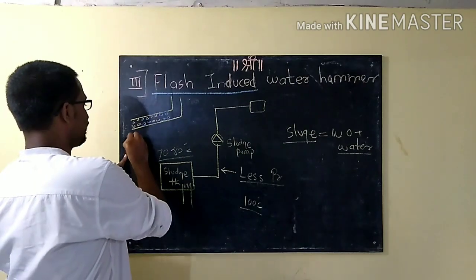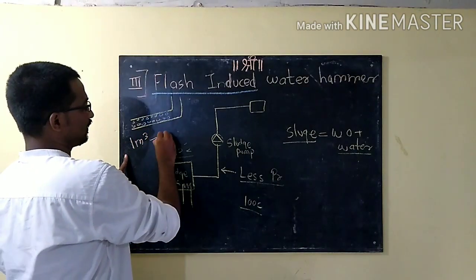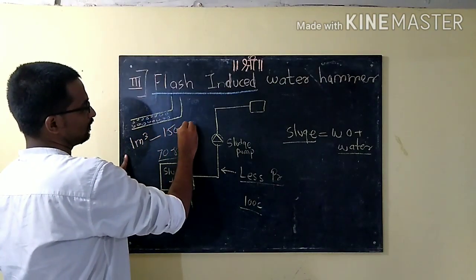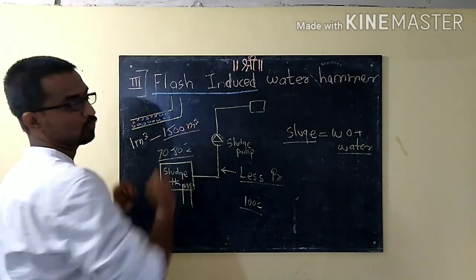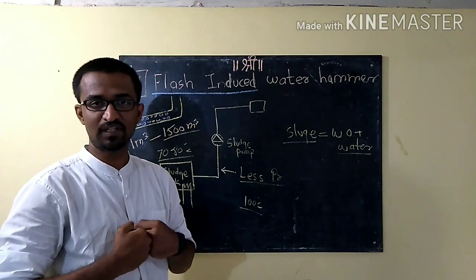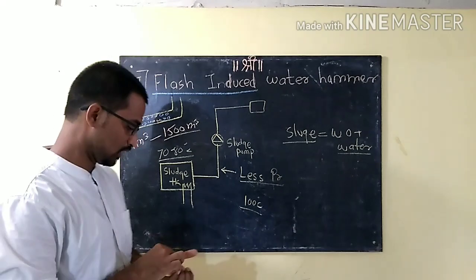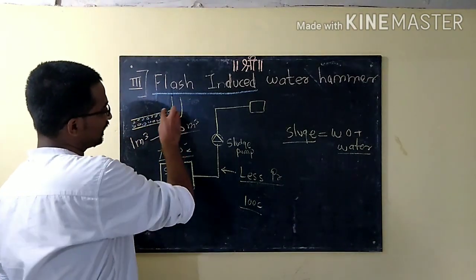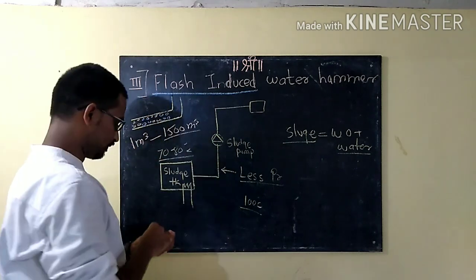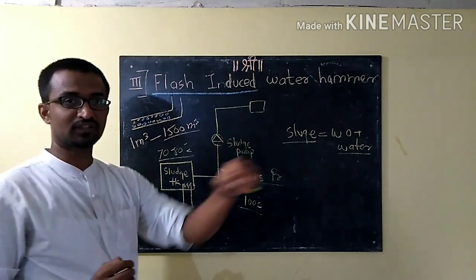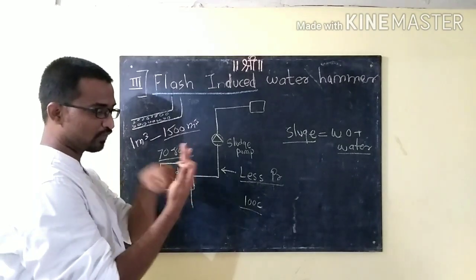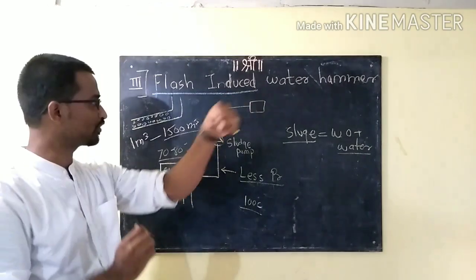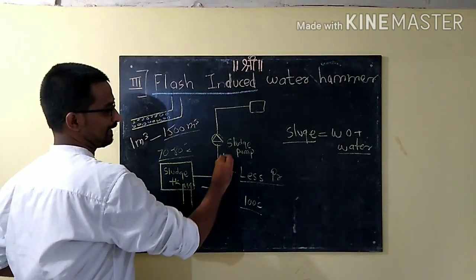We know that 1 cubic meter of water can be converted into 1500 cubic meters of steam. So there will be a huge expansion in the size. So when this water gets converted into steam, it will be huge, and it will push the further sludge. The sludge in front of it or near to it, it will push to this side.